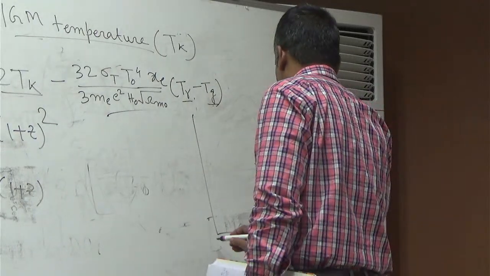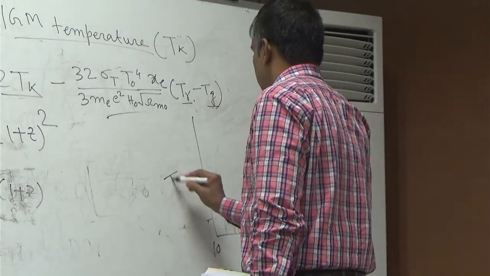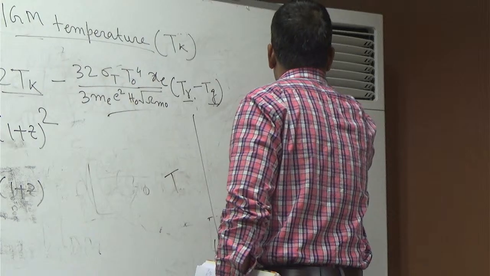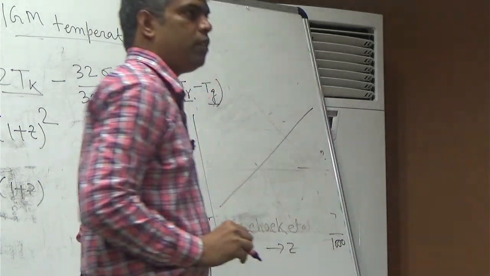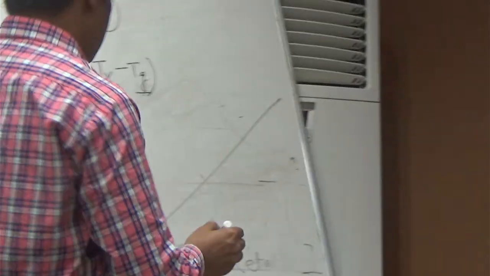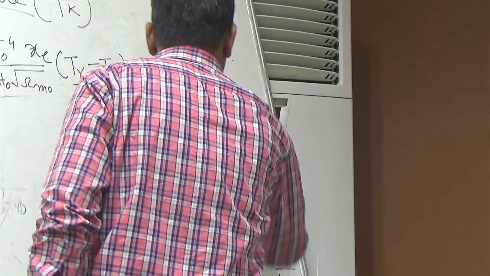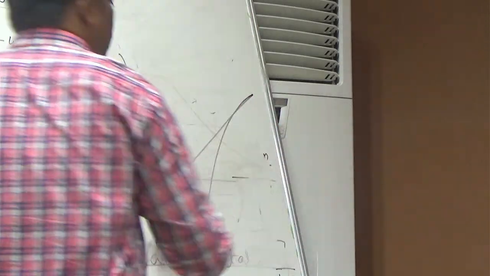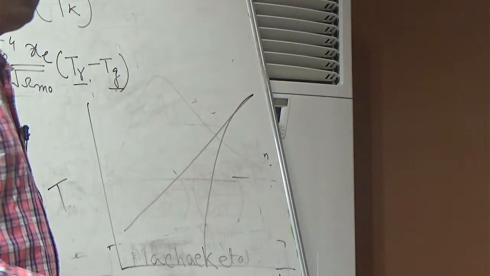and this is lower density, let's say 10, and so this CMB temperature falls off like this, 1 plus Z. This is in log scale. And if there is no interaction, IGM temperature will fall off like this. It will not follow CMB temperature.